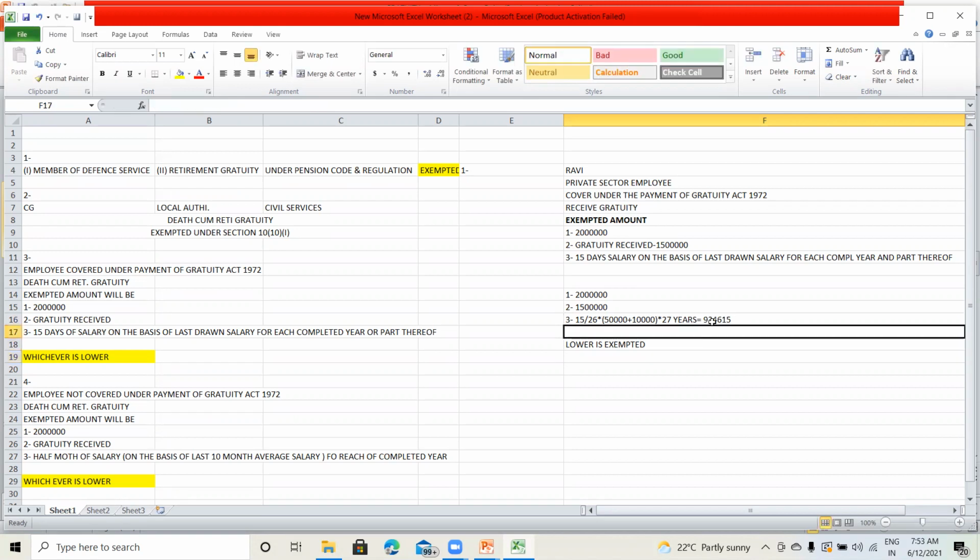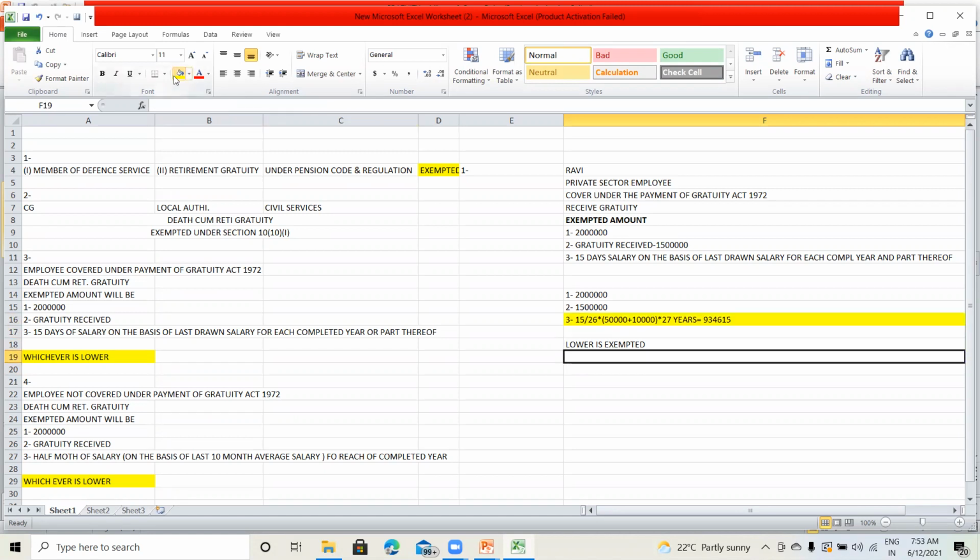So the lower amount is 9,34,615, and that is the exempted amount.